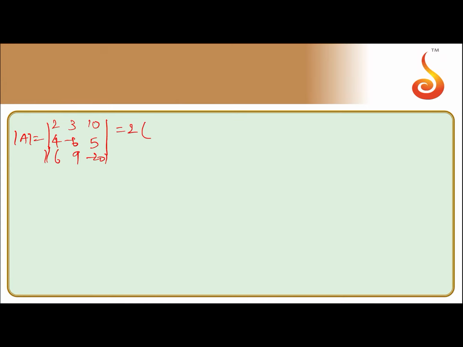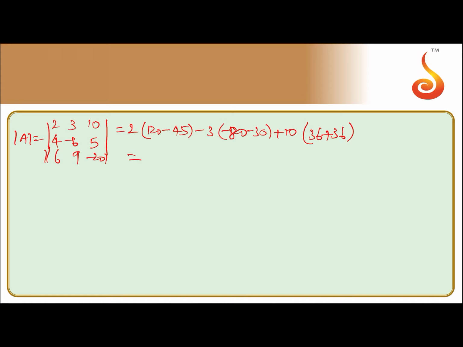So 2 multiplied by 120 minus 45. Of course, we need to write this a bit carefully. Minus 3 multiplied by minus 80 minus 30, and plus 10 multiplied by 36 plus 36.